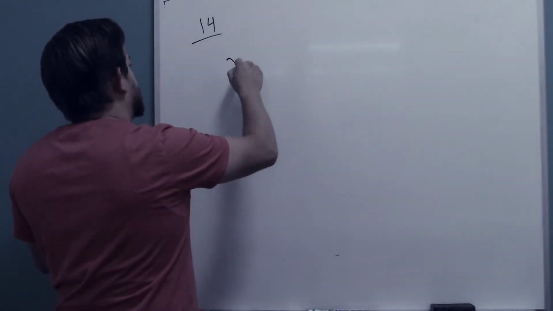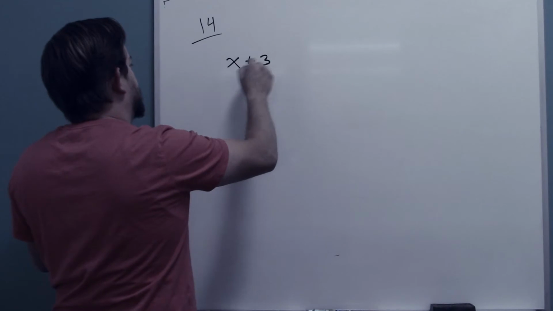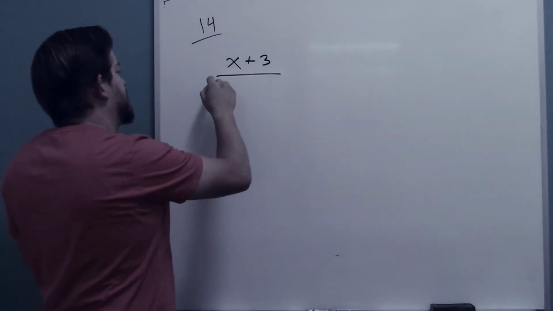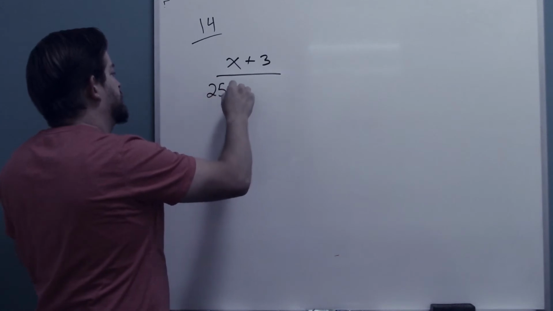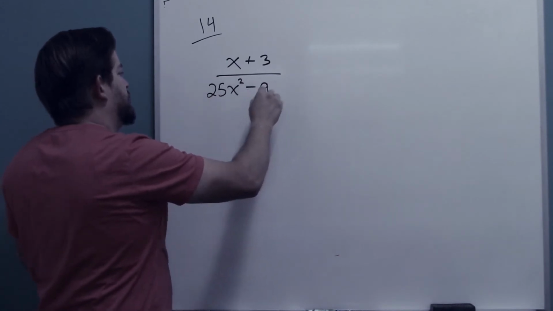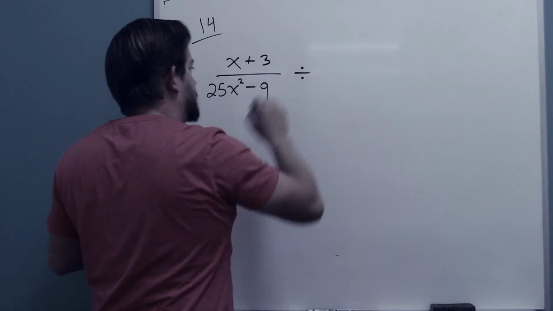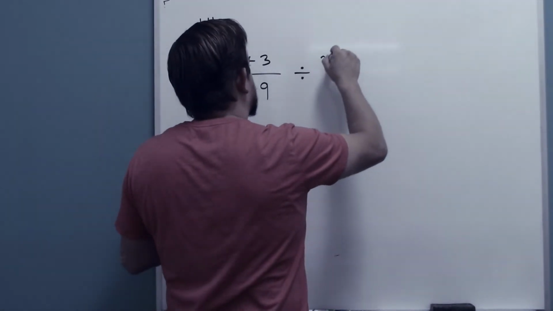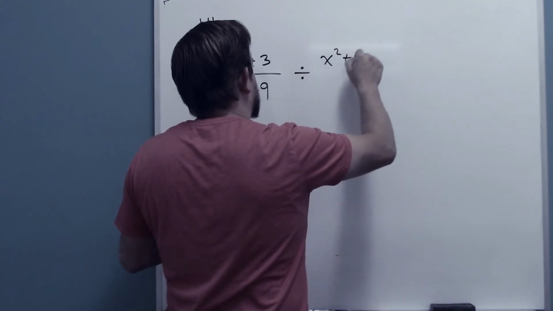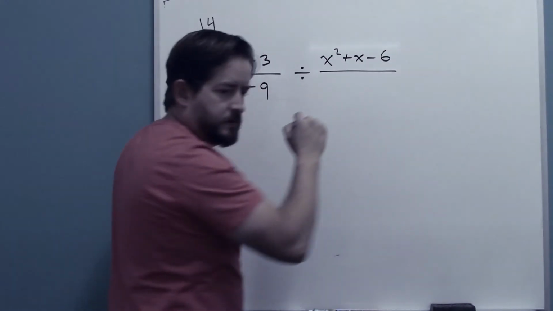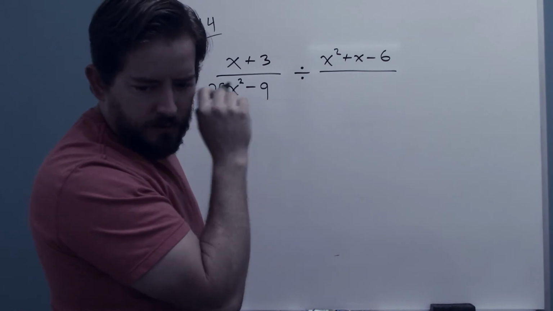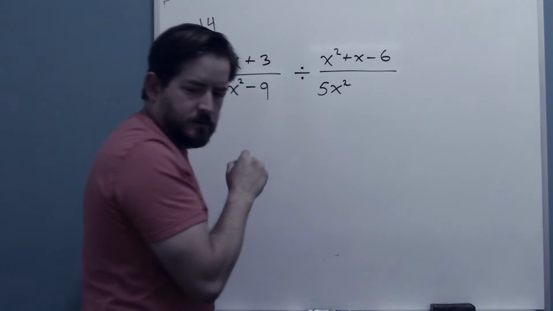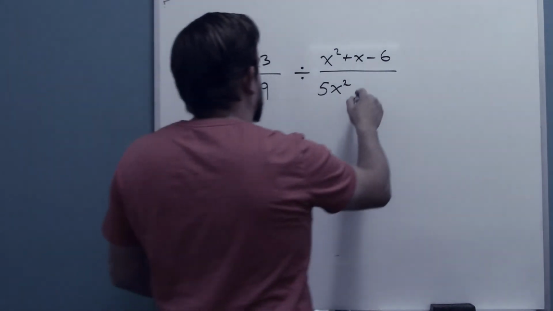So we're starting with this: x plus 3 over 25x squared minus 9, that gets divided by x squared plus x minus 6 over 5x squared plus 2x minus 3.